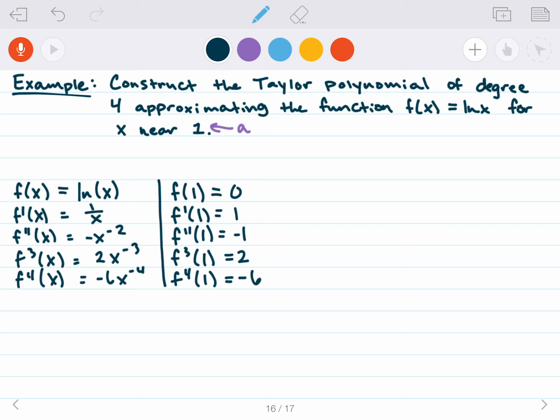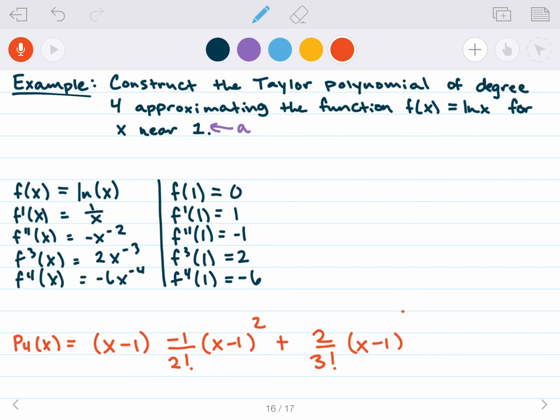All right. So we have the following. We have P4 of x. It's going to equal f of 1, which is 0, plus f prime of 1 times x minus 1, which is just x minus 1, plus f double prime of 1, which is negative 1, over 2 factorial times x minus 1 squared, plus the third derivative is 2, so we have 2 over 3 factorial times x minus 1 to the third power.